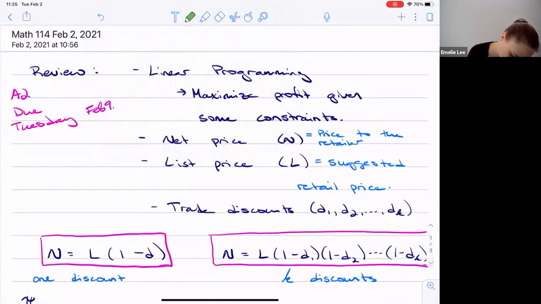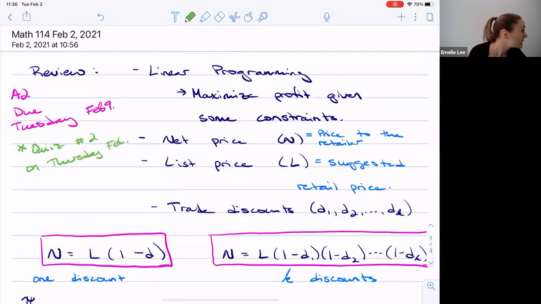I'll put it at the top here. Quiz number 2 on Thursday this week, Thursday, February 4th, on section 3.2. How about that? Okay.